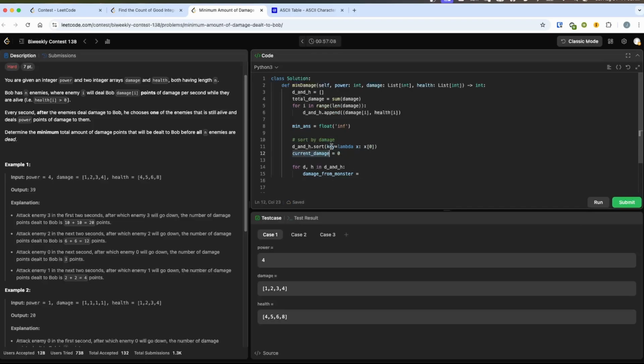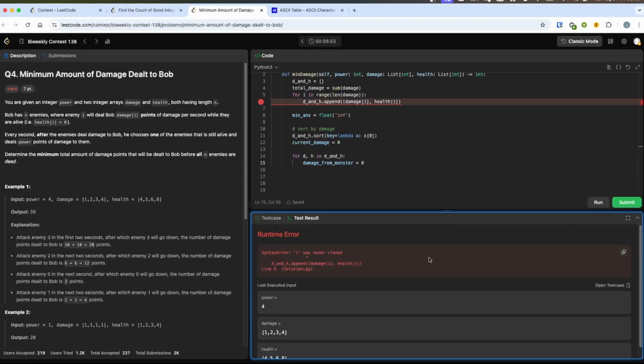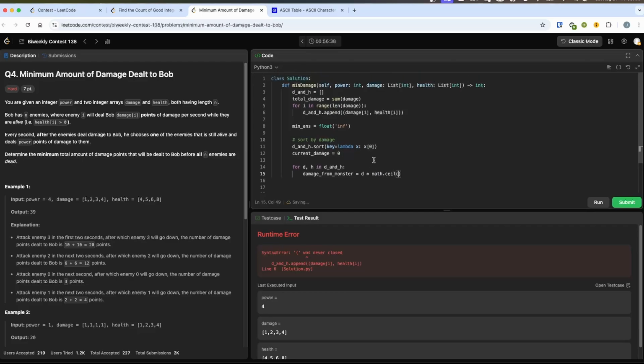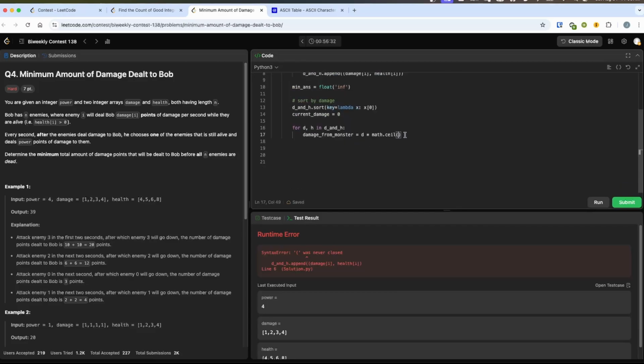why does this look weird? What's going on? Oops. There you go. Okay. So the damage from this monster is going to be equal to D times math.ceiling of H divided by power, right?